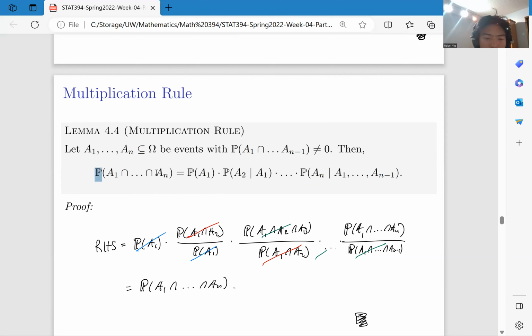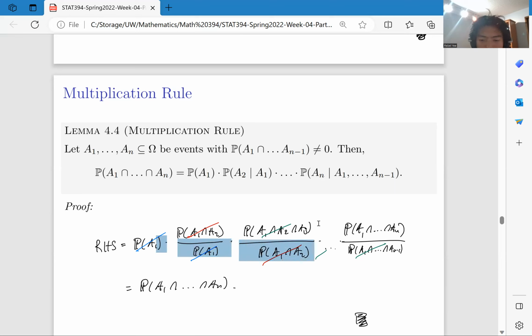the right-hand side is P(A1), and P(A2 given A1) is P(A1 intersection A2) over P(A1).